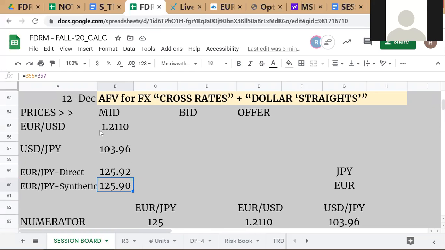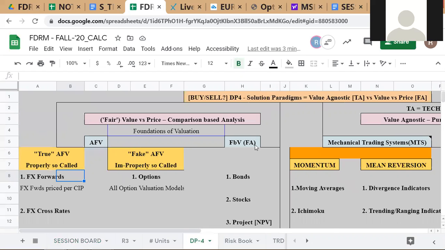Using these related markets, I can construct a synthetic euro yen price. It comes from these two prices. Notice no forecasts are involved. That's why it's put here as a separate category. Girls are not boys, boys are not girls. True AFV is not dependent on forecasts.